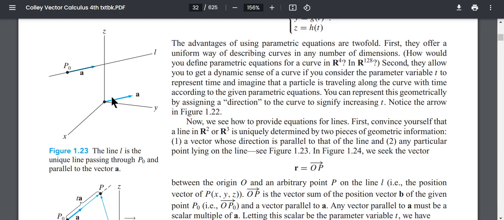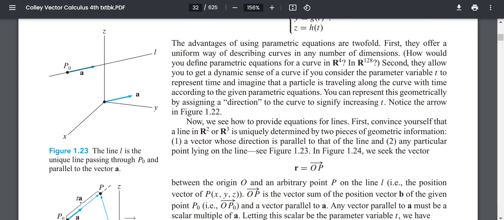So here's a given vector, and suppose we want it to be parallel to this vector and go through this point. Then it seems clear that there's only going to be one line that satisfies those two conditions. So in this picture, we would say it was this line here. The question is, how can we write the equation of that line?